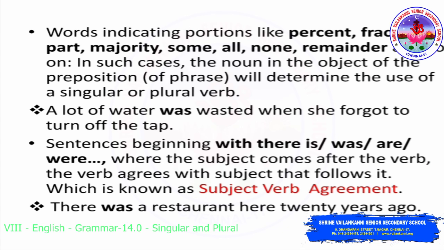Okay. There was a restaurant here 20 years ago. So, restaurant is the subject and was is the verb. Okay. So, here the subject is agreeing with the verb. There was a restaurant here 20 years ago.